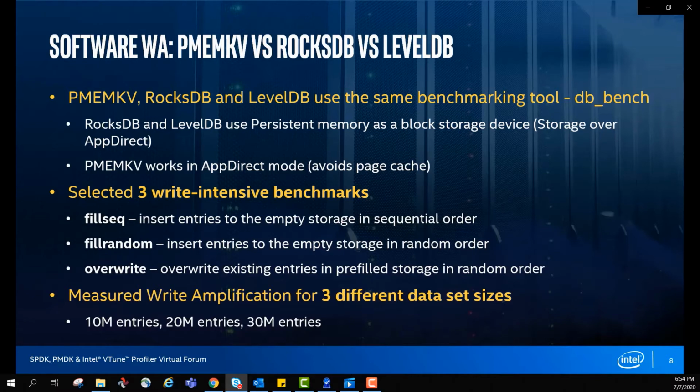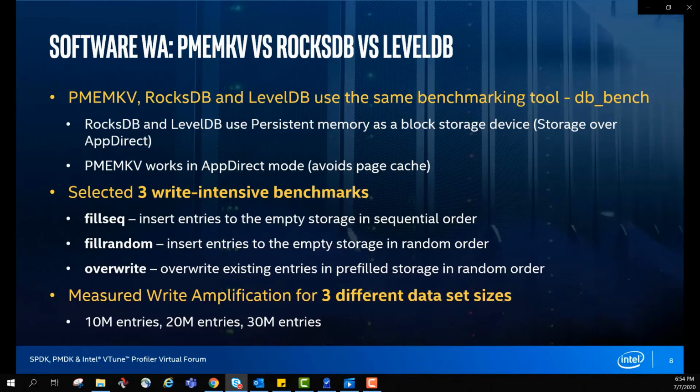So as you can understand, each entry inserted into the LSM tree participates in compaction several times. It means that it's rewritten several times and moved from file to file. And this is the main source of write amplification.